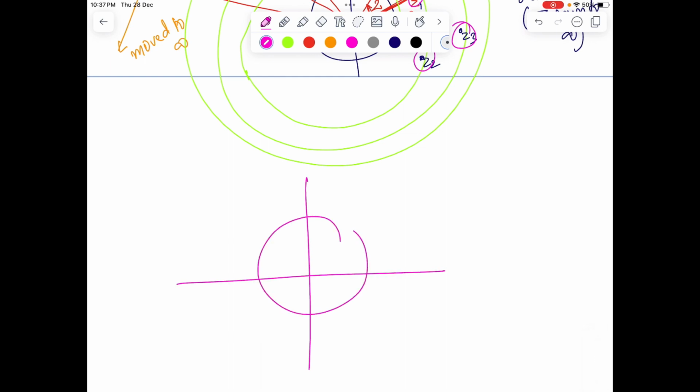Next, what if I pick a point which is inside this unit circle? It can be anywhere inside. So let's pick a point inside this unit circle. For the sake of simplicity, let's say the angle is 30 degrees and the distance is half. So what if I take the square of this? Now it will come as 1/4 at an angle of 60 degrees. Then it will be 1/8 at an angle of 90 degrees, 1/16 at an angle of 120 degrees, and so on and so forth.